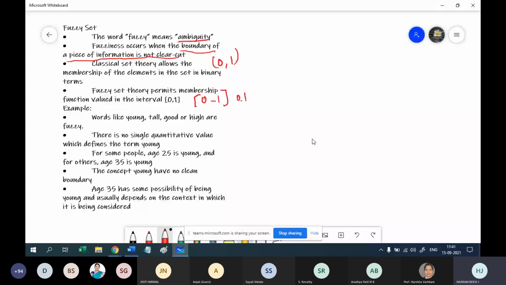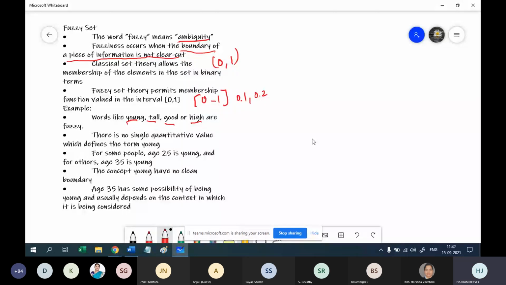So the major difference is that classical set theory allows membership in binary terms, 0 or 1, while fuzzy set theory permits the membership function valued in the interval from 0 to 1. For example, words like young, tall, good, high. These are fuzzy.